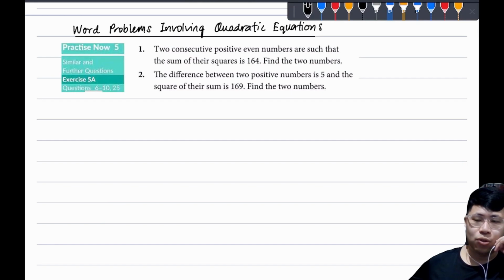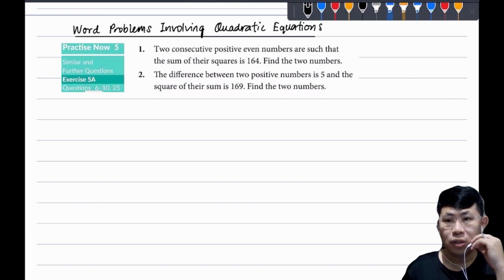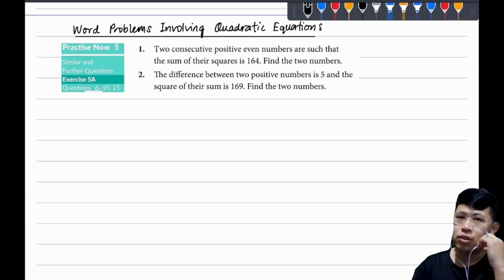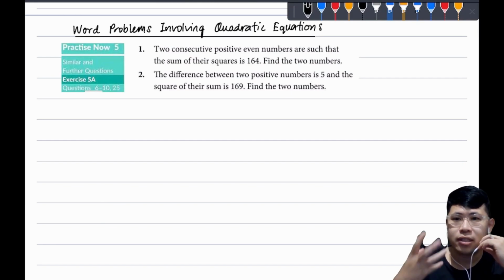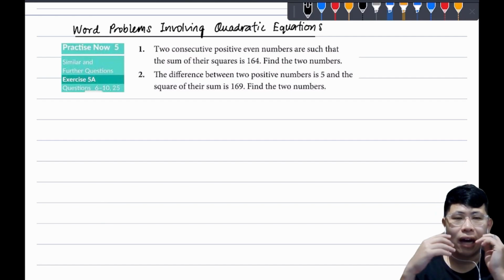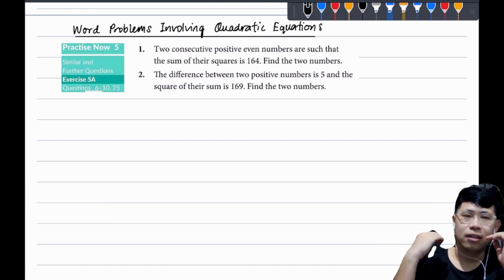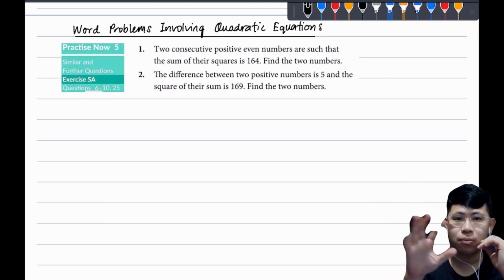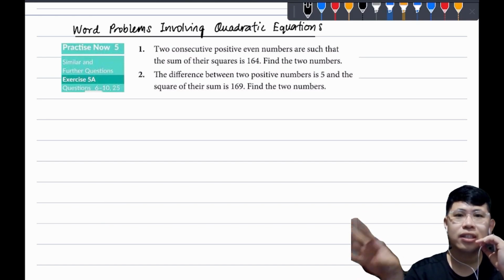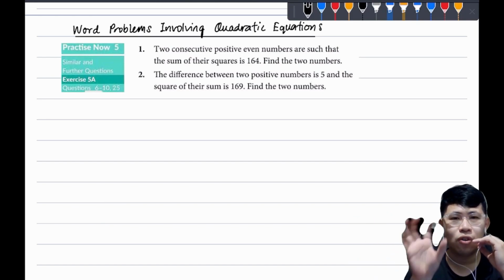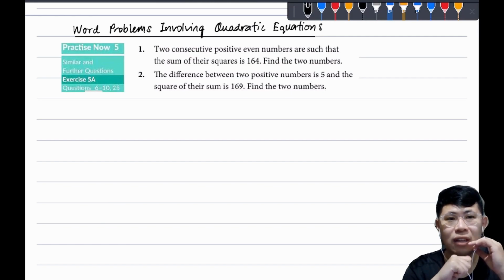So in this video, we're going to look at word problems involving quadratic equations. Solving quadratic equations is one of the important skills that we need to have as a math student. However, the higher order thinking, the one step further, is how do we form equations from context, and how do we use this to get the quadratic equation from our context and solve them after that?